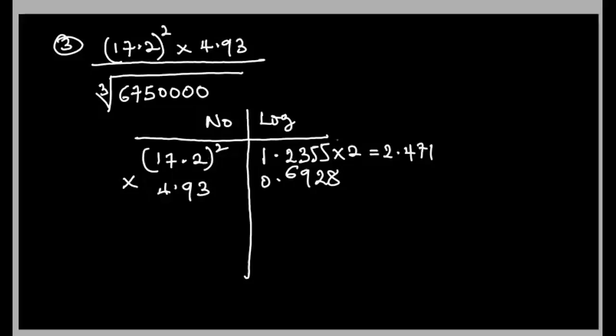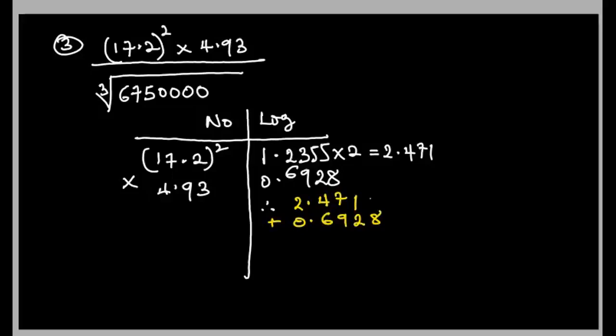And now don't forget that we are multiplying here. So remember that we add these values we just got. The first one I have is 2.471. Since we are multiplying, we add 0.6928.